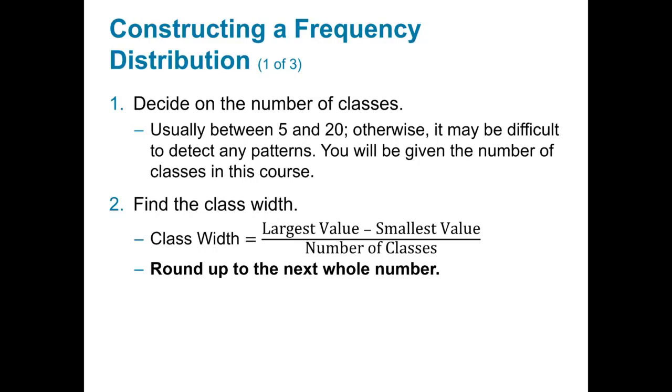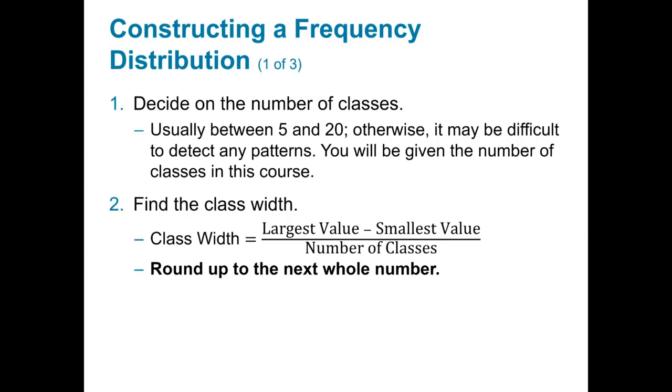For this class, I'm going to tell you how many classes to use. I'll always say, for example, use 5 classes or use 7 classes. I'll say that with the problem, so you don't have to worry about figuring out how many classes to use. From there, you want to figure out the class width, which, remember, is just how far it is from one lower class limit to the next lower class limit.